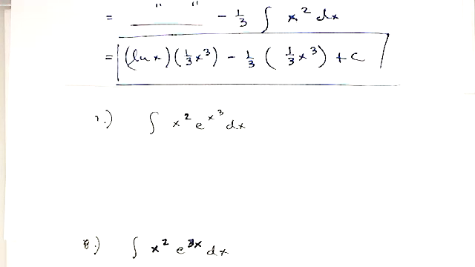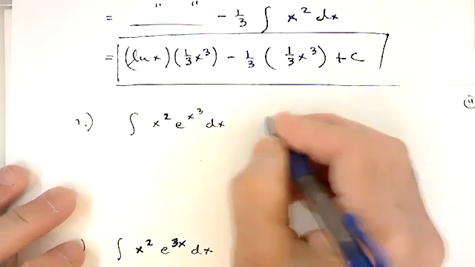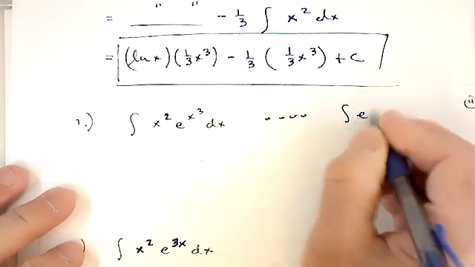Opinions on which one can be done with u sub, 7 or 8? You know, if you've been doing some integral practice, and you've got an integral with just one e in it, if u sub's going to work, you're kind of going for e to the u du, right?